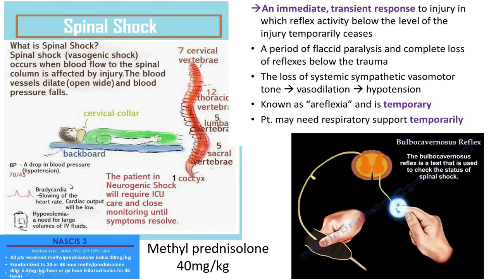It is characterized by bradycardia, slowing of the heart rate, very low cardiac output, and hypovolemia. That patient must be diagnosed first, and you have to put a hard cervical collar, and treat this patient as if all cervical bone injury has occurred.